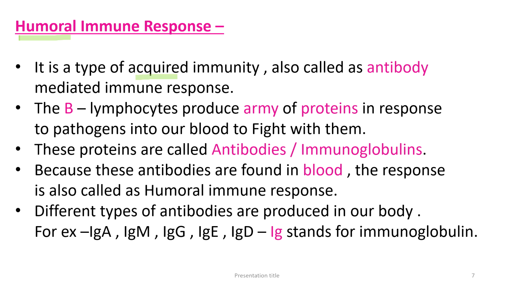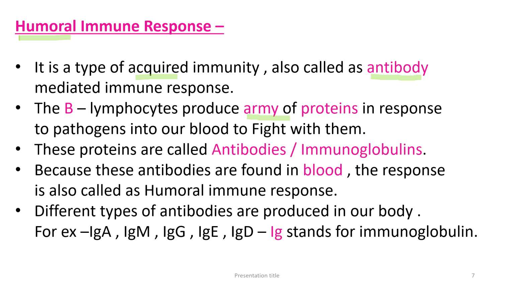That means it is not present at the time of birth, but it is acquired in the lifespan of the host. This type of immunity is also known as the antibody mediated immune response. We all are familiar with the word antibodies. These B lymphocytes produce an army of proteins in response to pathogens into our blood to fight with them.